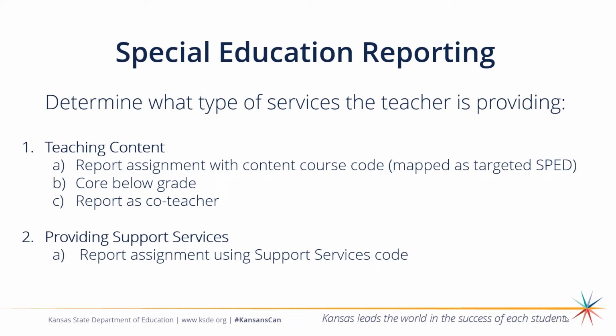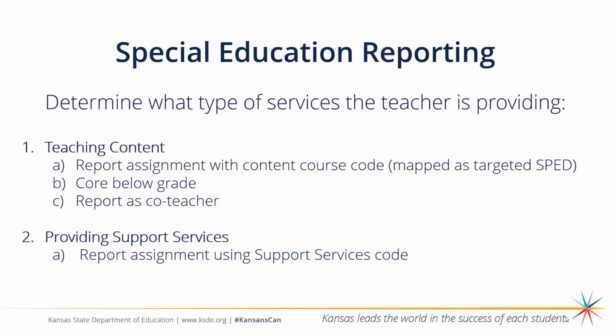So for that co-teacher relationship, you would have one individual that holds the special education endorsement, and they would be providing support services, and then you would have a separate licensed individual that is licensed in the content area that's providing that general content instruction. And then I'll go over how you report that in the system on the next slide as well.